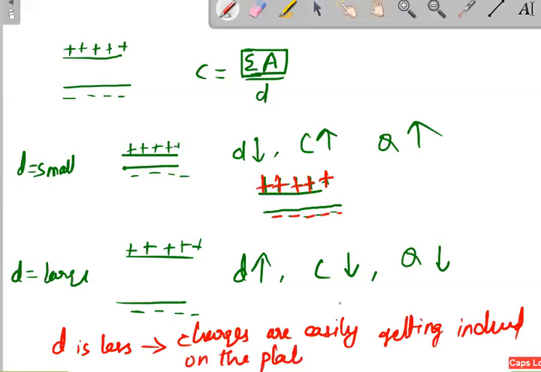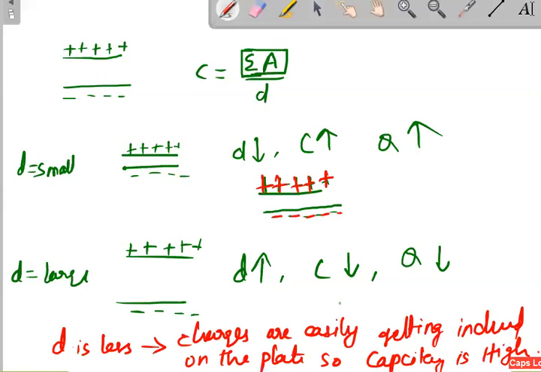So capacitance is high. Our aim is charge; we have to somehow increase the charge value. The more easily you accept the charge, the more capacitance you have. This is the basics of the capacitance with respect to dimensions.